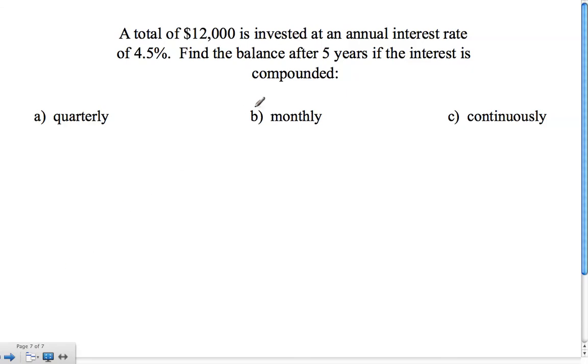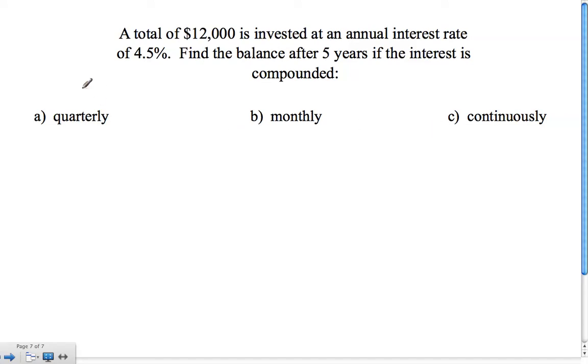Now we're going to look at a couple of examples where it's compounded more than once a year. In this case, we're investing $12,000. Our interest rate is 4.5%, and we're checking it after 5 years, so we're going to get much bigger amounts. It wants to know what the balance is if it's compounded quarterly, monthly, and continuously.